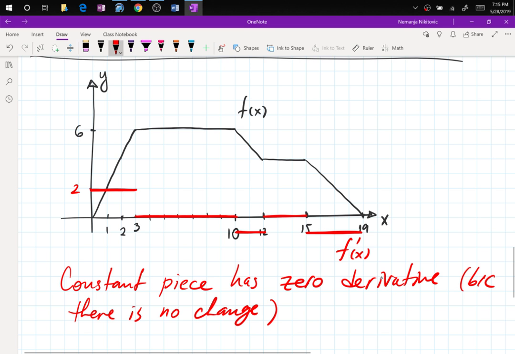There's no change when the function is constant. All right.